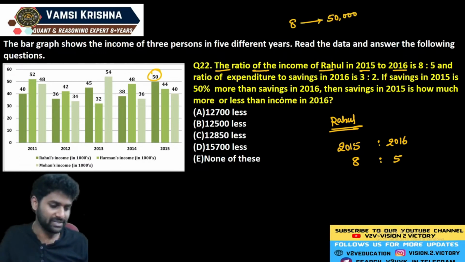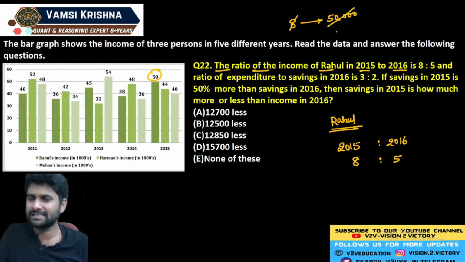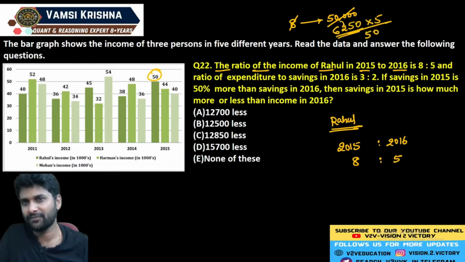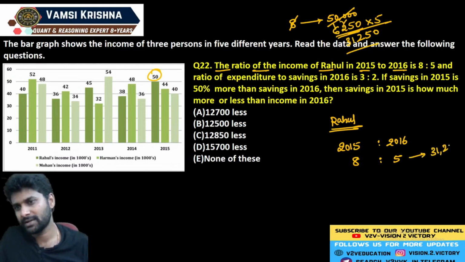Now you already know the calculation. See, 8 6s are 48, 8 2s are 16. It's a value of 6,250. If you multiply it by 5 times, it's a 0, 5 5s are 25, 5 2s are 10, 12, 5 6s are 30. It's a value of 31,250. You will get one information.